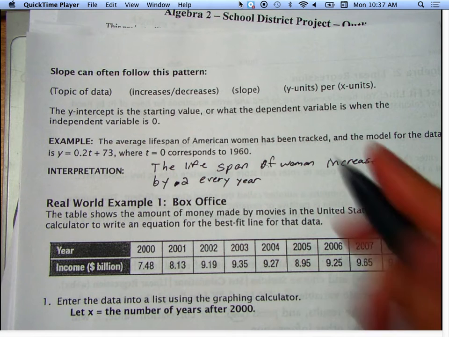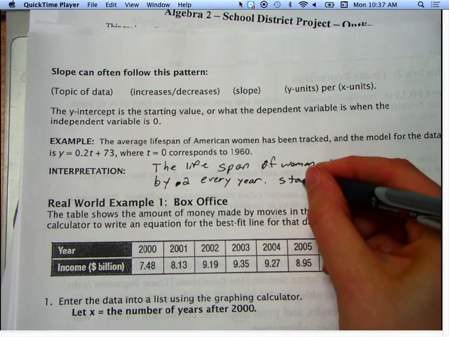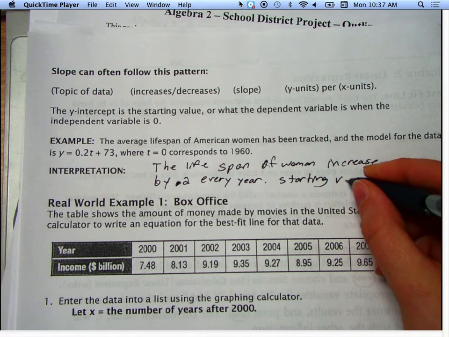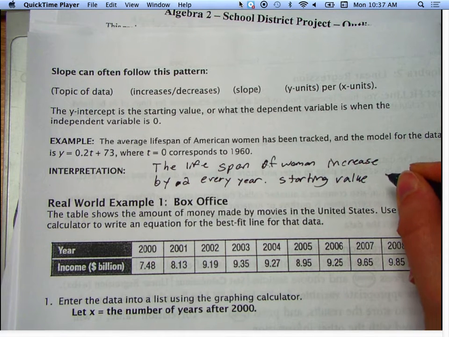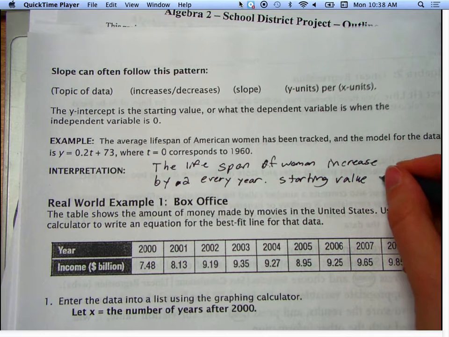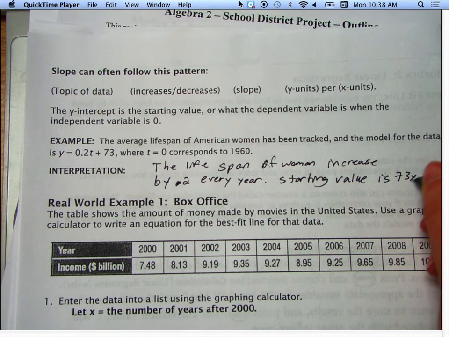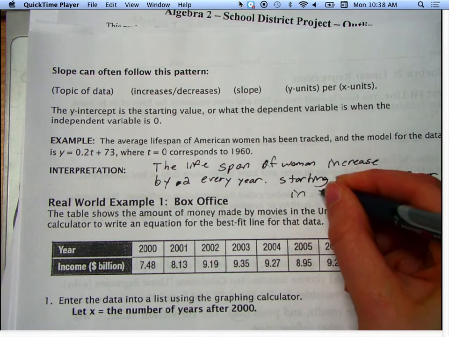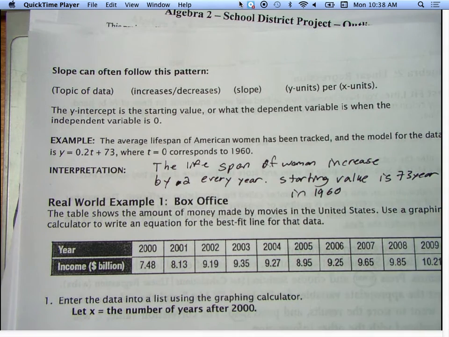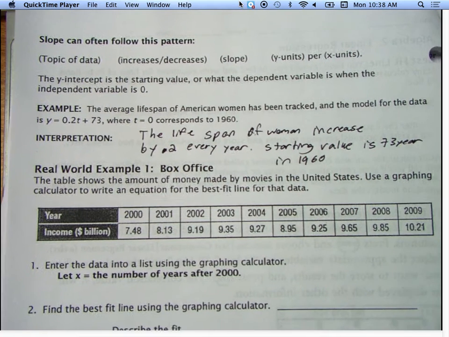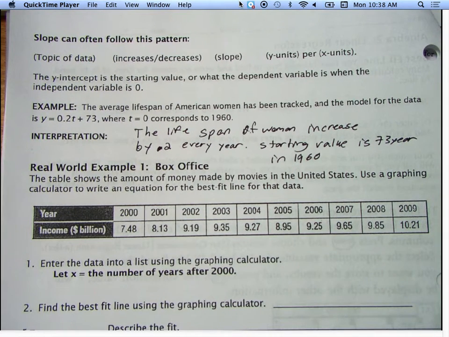And the starting value is 73 years in 1960. So that means somebody in 1980, the average lifespan, they live longer than somebody in 1960, right? So we're saying that the average lifespan in 1960 was 73, and that each year it increases by 0.2. Okay? All right.